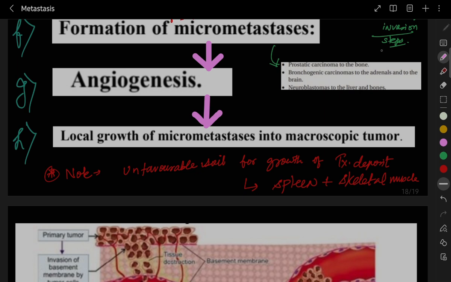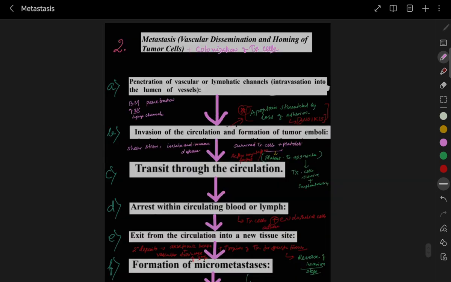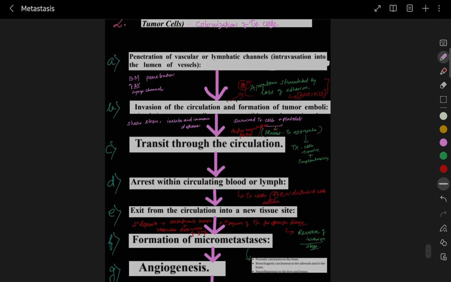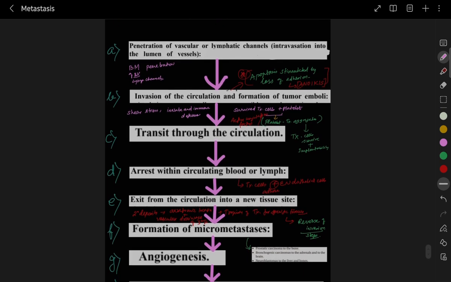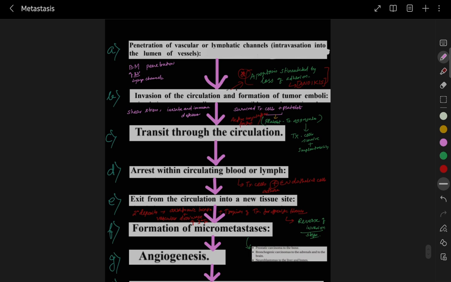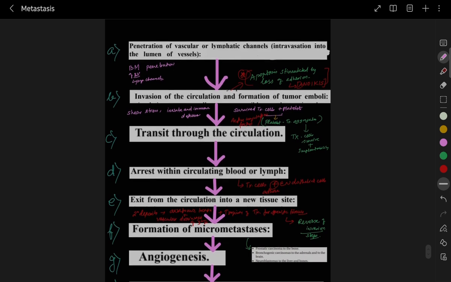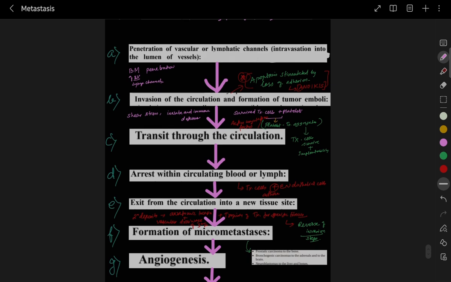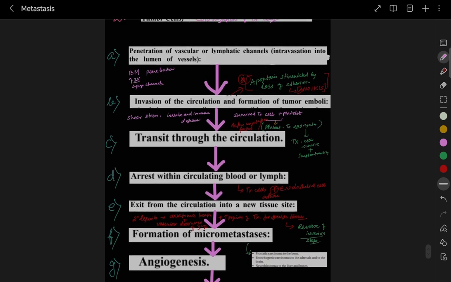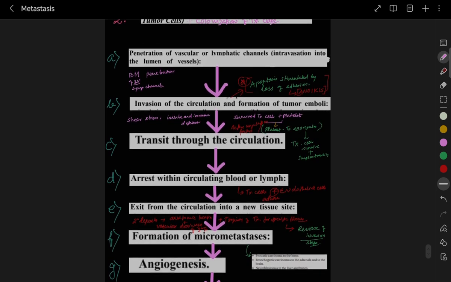What we studied is that first the tumor cells penetrate the vascular and lymphatic channels. Obviously they invade the circulation, forming tumor emboli. Many get destroyed by the stress and by innate and immune defense; only those that bind with platelets or the active coagulation factors survive.